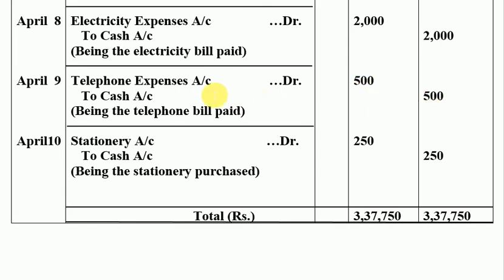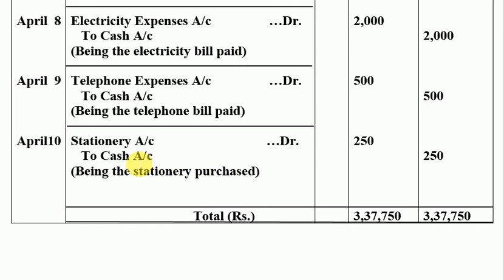Here telephone expenses is an expense for us, and whenever expenses increase, that will be recorded on the debit side, and on behalf of these expenses, what is going out from our business, that is cash, that's why it is going to be recorded on the credit side.